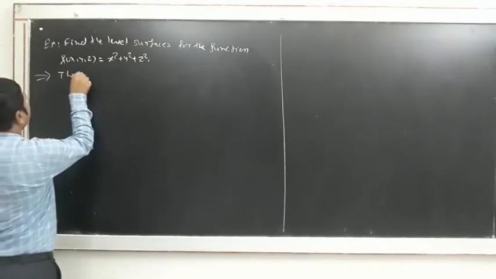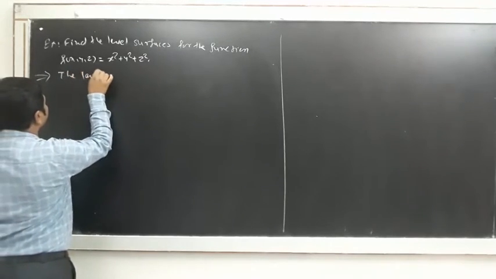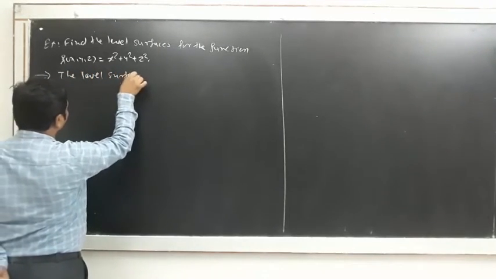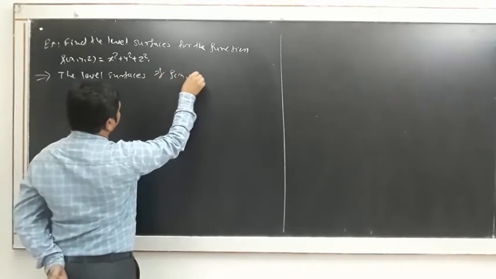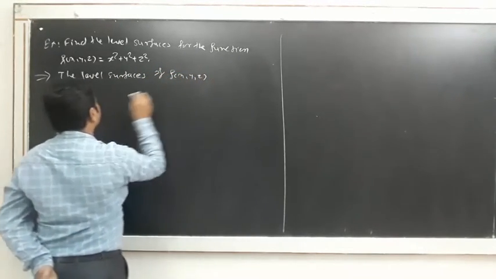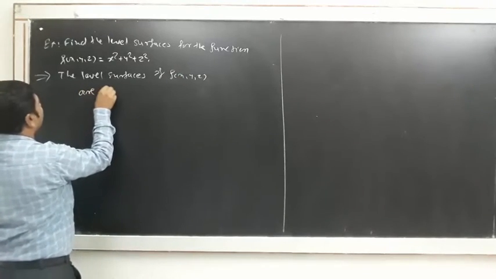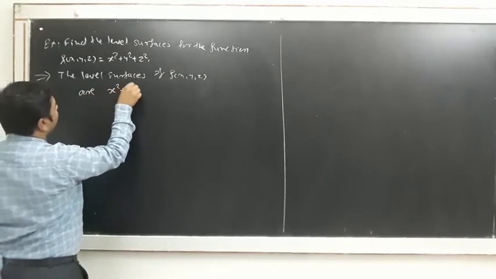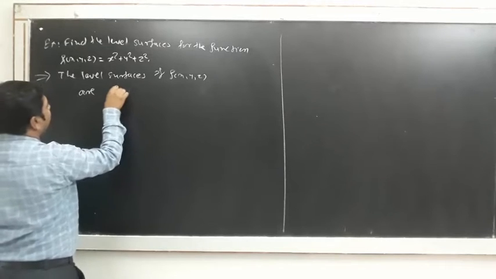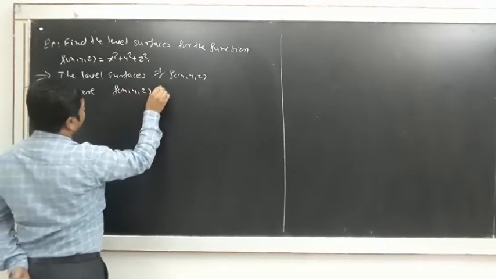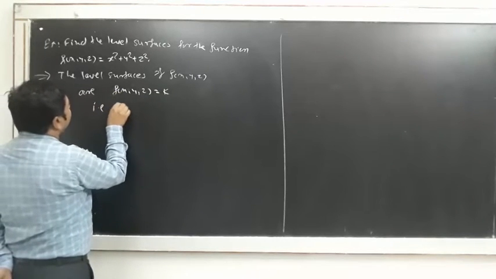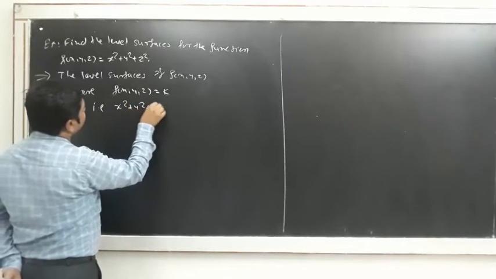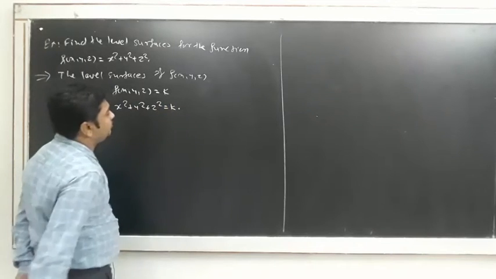The level surfaces of f(x, y, z) are f(x, y, z) = k. That is what we can take: x² + y² + z² = k.